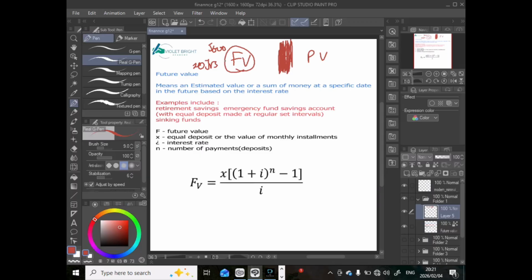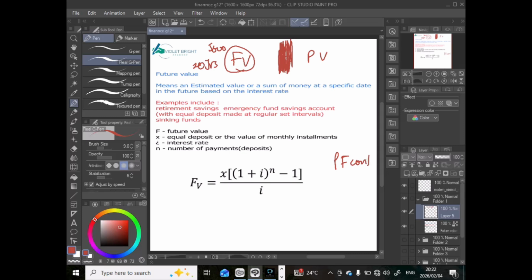Another example we can use is your pension fund contribution. You remember your parents, our brothers, our sisters who work for the government, they have a specific percentage that they're taking out from their monthly salary, and then that money goes into what we call pension fund contribution.